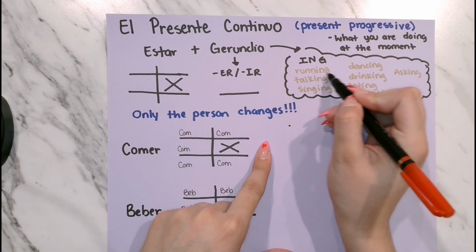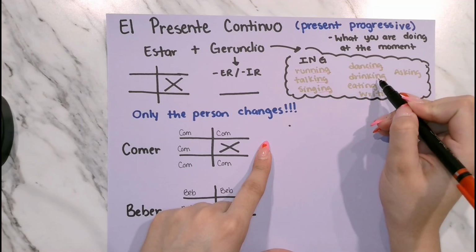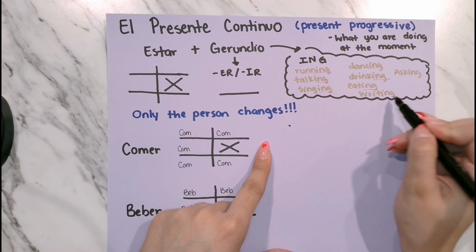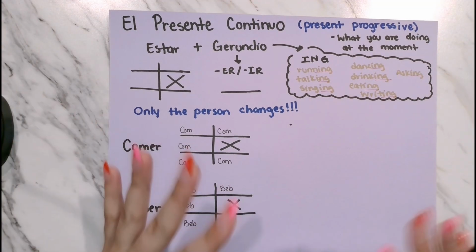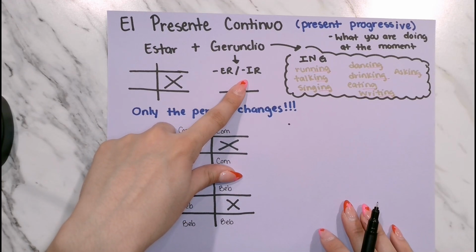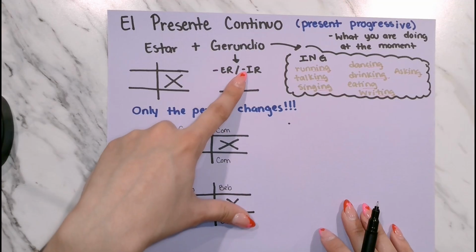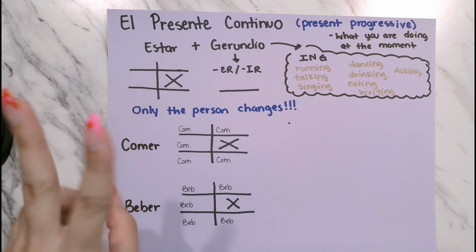For example, running, talking, singing, dancing, drinking, eating, writing, or asking. Ahora vamos a estar en el ER y IR, which those two are going to have the same endings no matter what.